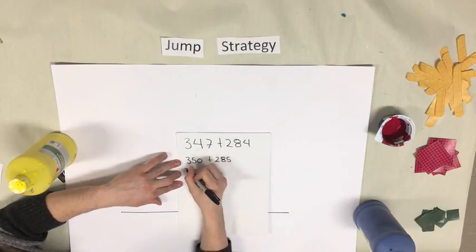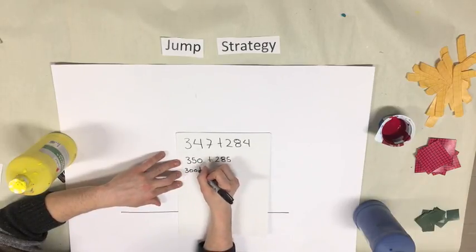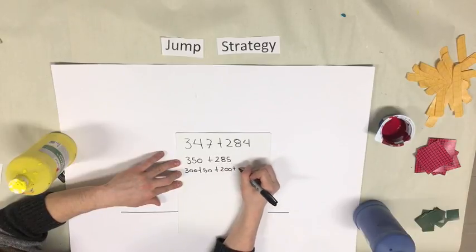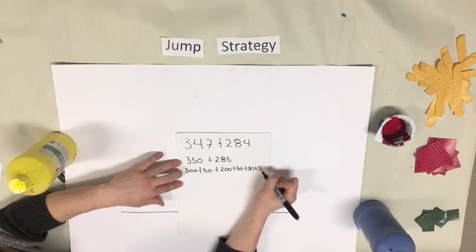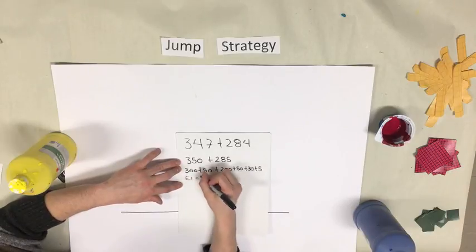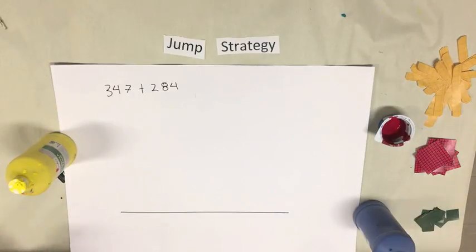We're going to break these numbers up and expand them to make them easier to work with. When we do this, we get a first estimate for this new strategy of 635.